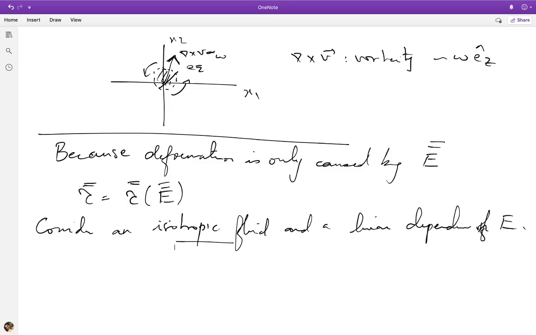If you have such a suspension of anisotropic particles, then the entire fluid behavior itself will be anisotropic. Why? Because let's assume that the cylindrical rods are oriented in a certain direction, let's say in the x direction. Then the response of the fluid to an imposed stress, or the stress that results from an imposed velocity gradient, will differ depending on whether the flow is taking place in the direction of these cylinders or perpendicular to these cylinders.